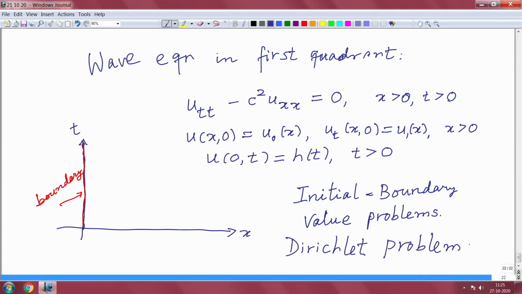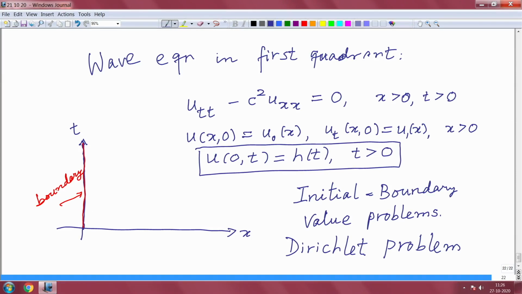There are other kinds of boundary conditions one can prescribe. I will mention them as we go along. But let us now try to find the formula for this wave equation with these initial and boundary conditions.